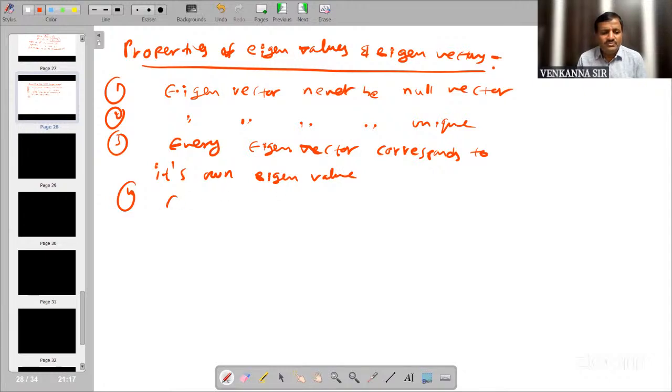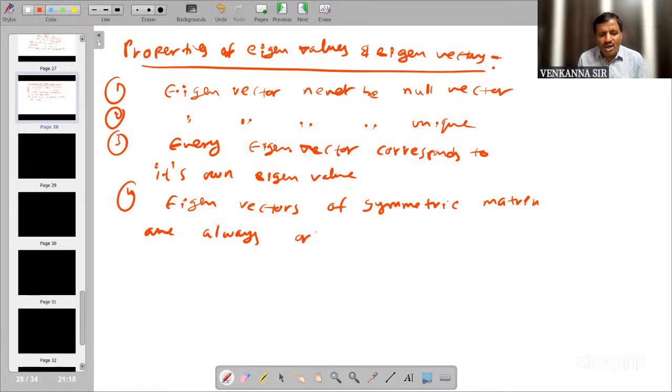Next, eigenvectors of a symmetric matrix. This is also a very important point. Eigenvectors of a symmetric matrix are always orthogonal.